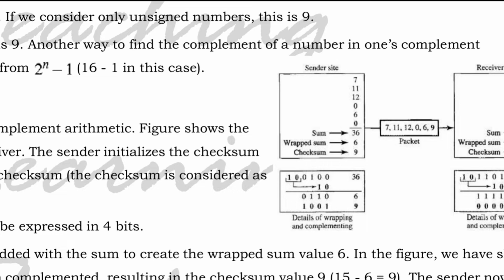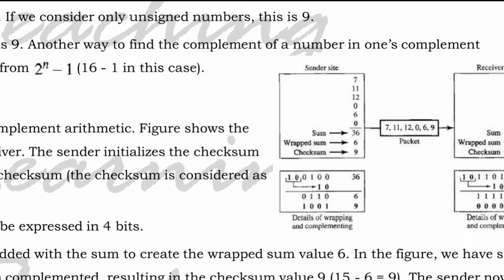The sum of these numbers is 36, and we will get a wrapped sum. 36 needs 6 bits, so we need to change the 6 bits into 4 bits of data. After doing that, we get the wrapped sum as 6, and after complementing it, the checksum. What is meant by checksum? It is the ones complement of that sum. So we invert all the ones into zeros and zeros into ones, and we get the checksum as 9.